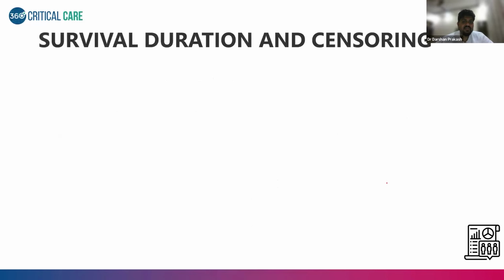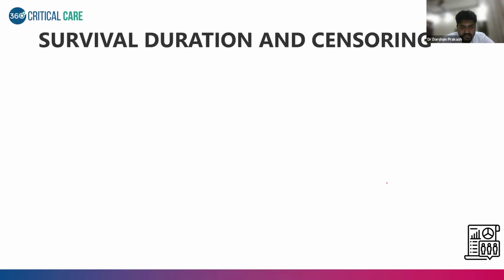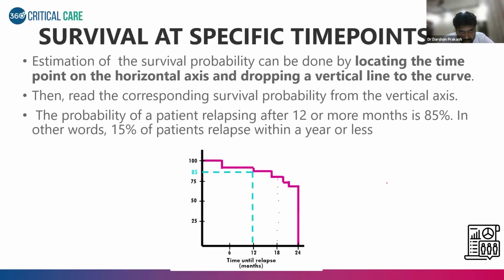So what is survival duration and censoring? This is something that we need to understand in more detail. The length of the horizontal line along the x-axis of the serial time represents the survival duration. It expresses the survival duration for that particular interval. For example, you saw this graph here, right? You see this particular line, it is a long horizontal line.